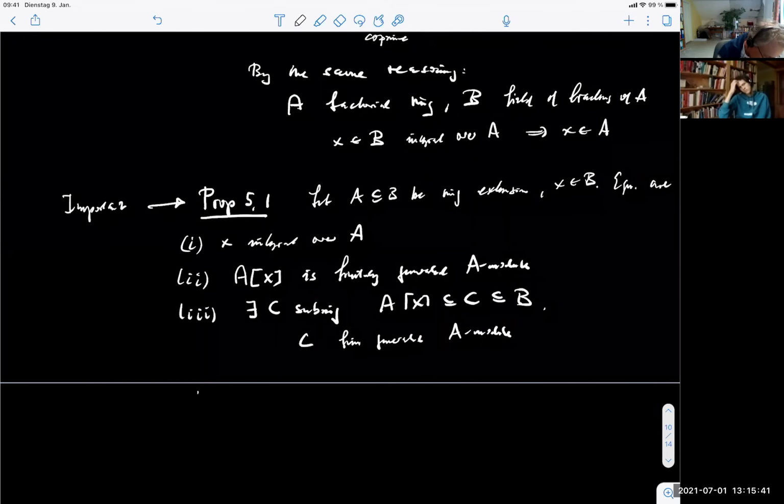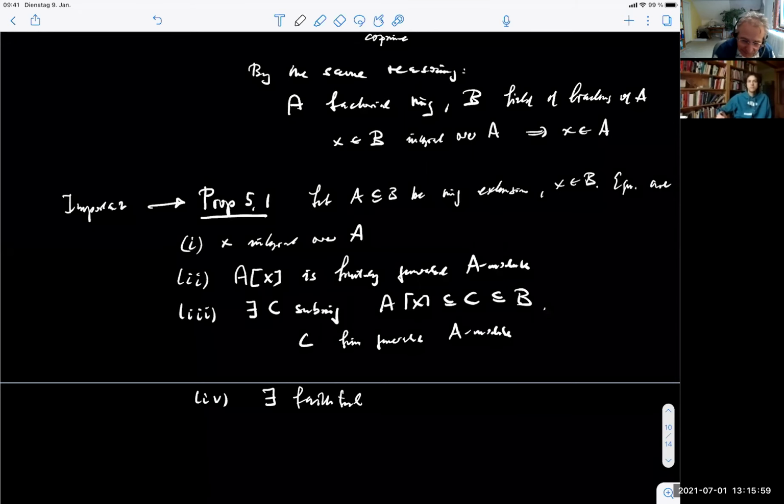And okay, the last condition, that may look a little bit weird. So that looks even more general. It says there is a faithful A[x]-module, which is as an A-module finitely generated. Do you remember this? Faithful in German means treu. I will explain.